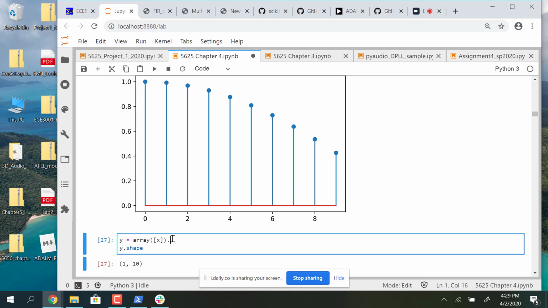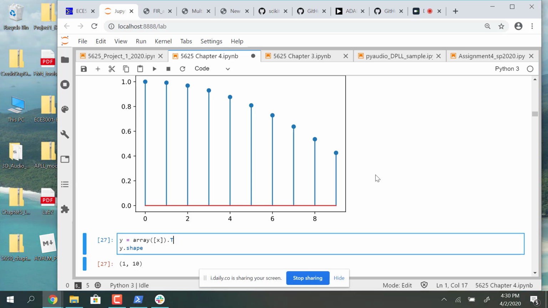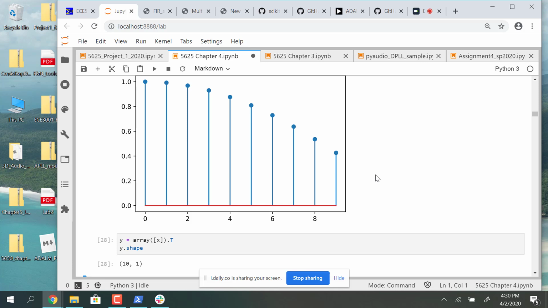And if I was to put a dot T out here, what do you think that's going to do? Think matrices. T would be what in matrix theory? Transpose, right? There, it's transposed it.